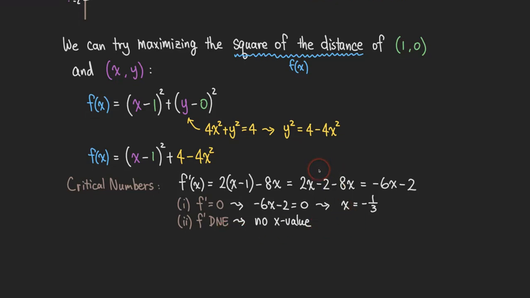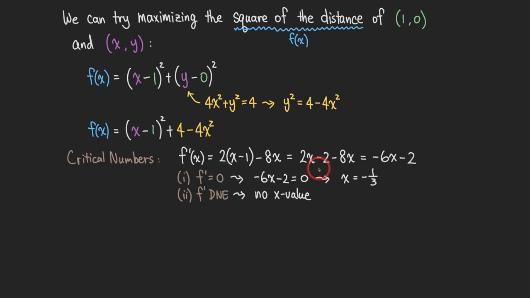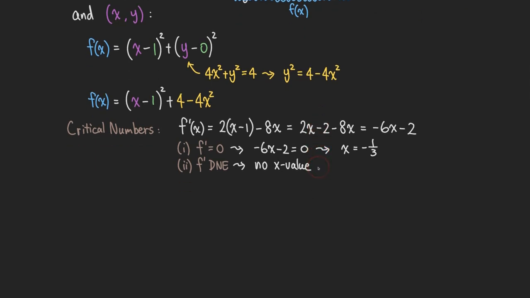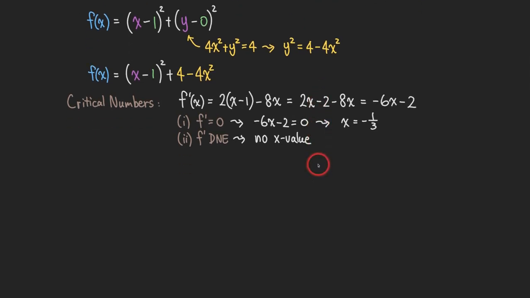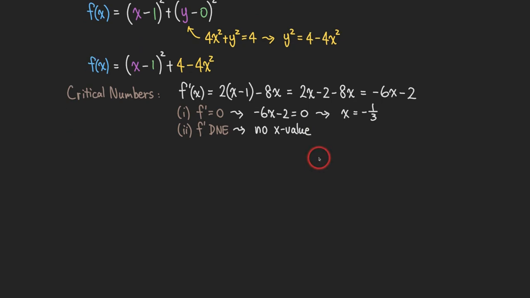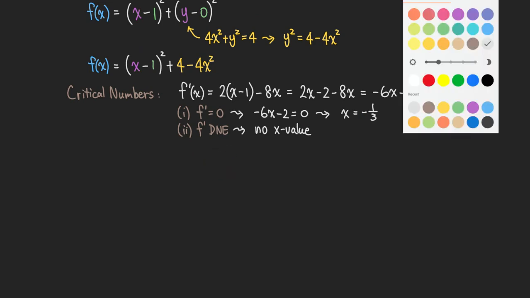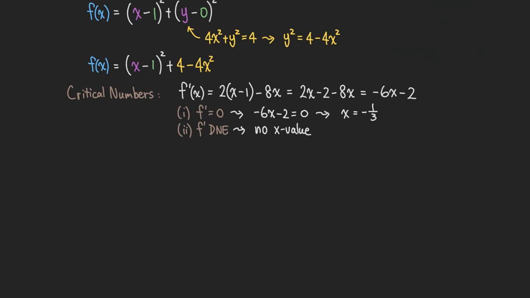Now, the next step is to show that it's a local maximum. If it's a local minimum, that's not helping us, right? Because we actually want a local maximum in this case. So let's see what's going on here. Let's do the sign analysis chart.